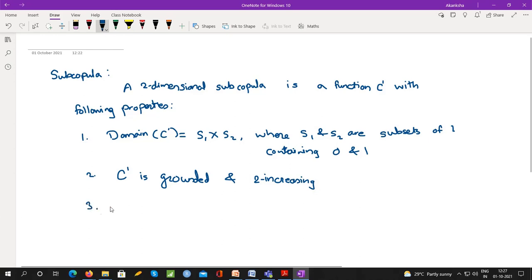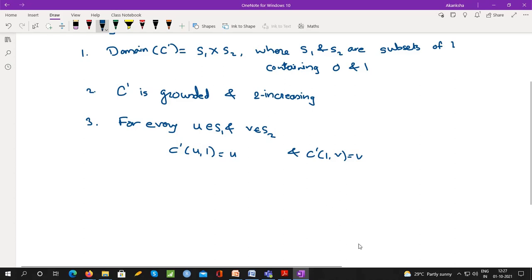And the third point is, for every U in S1 and V in S2, C prime(U,1) is U and C prime(1,V) is V. Okay, C prime(U,1) is U means if one of the arguments is 1, then you get the first argument back as the output, and C prime(1,V) is V. And this actually gives us something else.